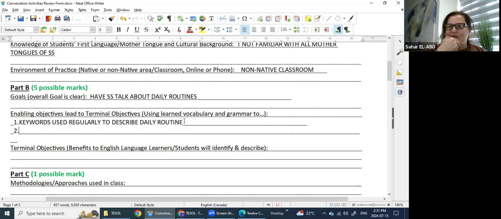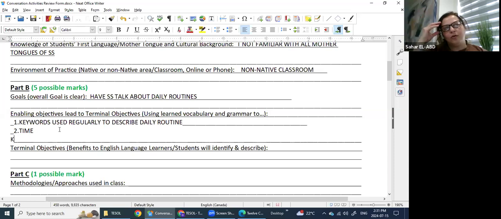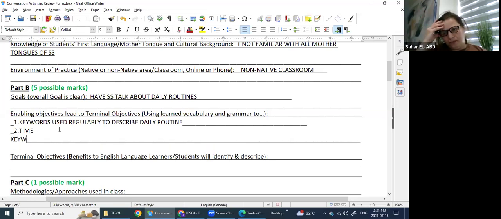So the time keywords change. For the future, we have tomorrow, after tomorrow, next month. So here, basically, the time keywords.